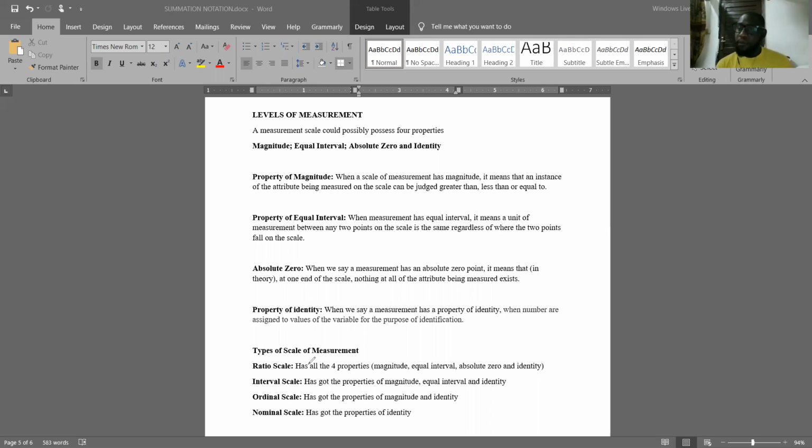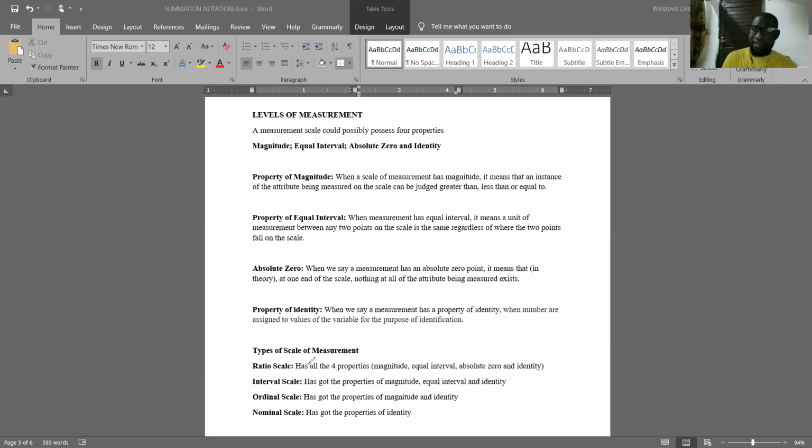Hence, we normally say all the physical science properties. When I say physical science properties, I'm talking about length, width, distance, height. They all fall under ratio scale. Why?